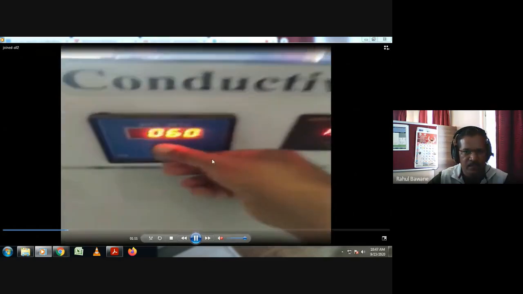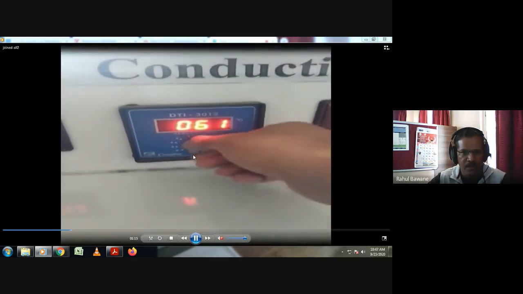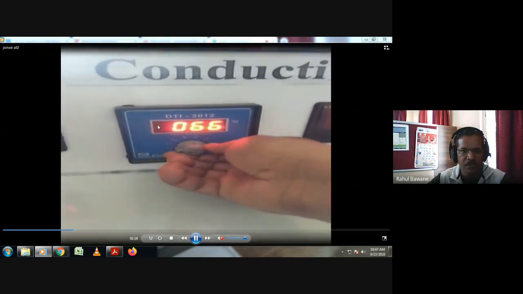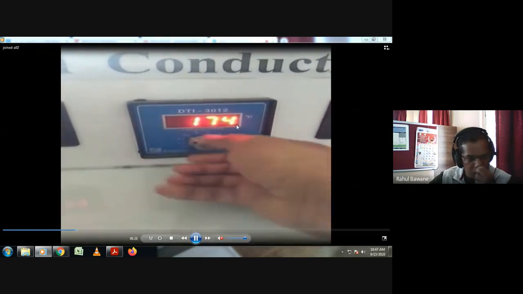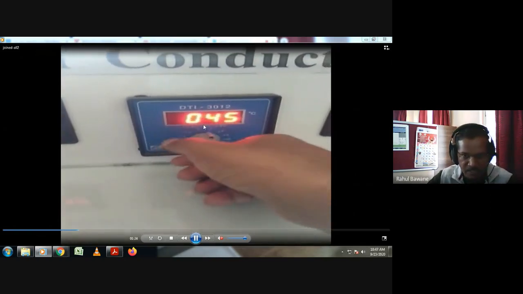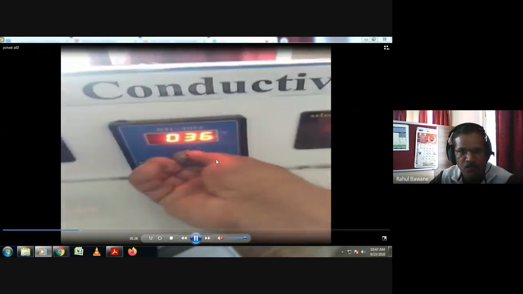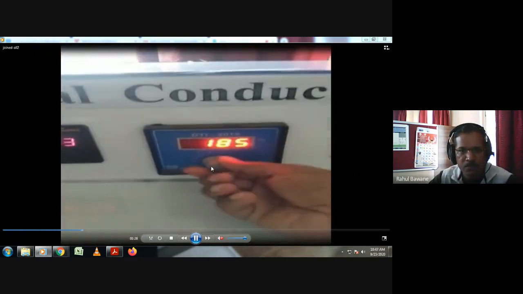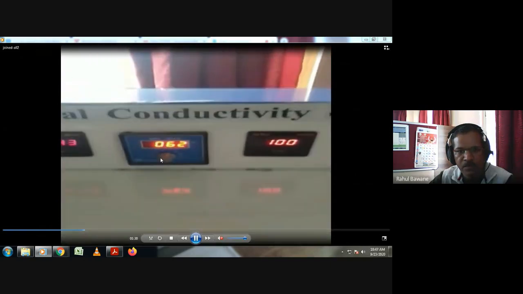This is the temperature knob, a rotating type knob, and the position set by this knob will show the corresponding temperature of the thermocouple. There are only 8 thermocouples, so if you rotate the knob beyond it, there will be no readings.